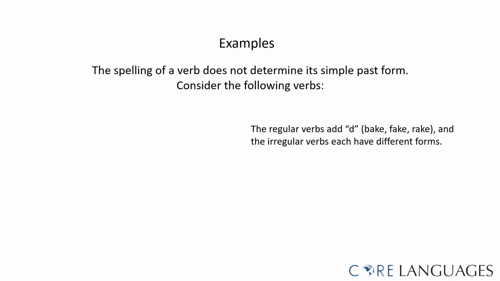It is important to understand that in order to determine the simple past form of a verb, we cannot simply rely on its spelling. For example, some regular verbs add d, such as the verbs bake, fake, and rake, and other verbs with very similar spelling have entirely different forms.